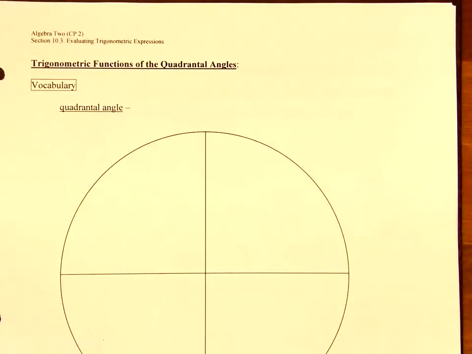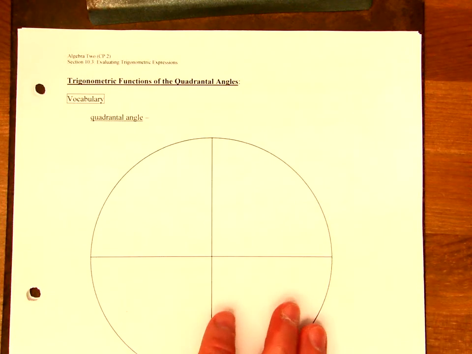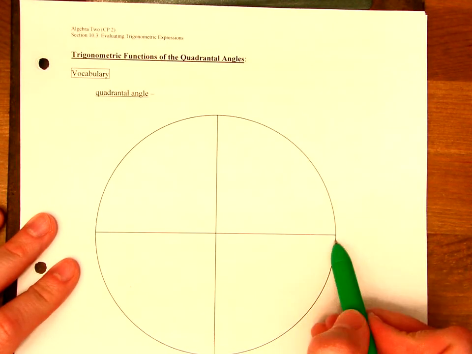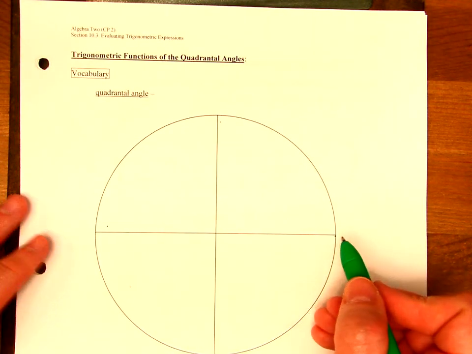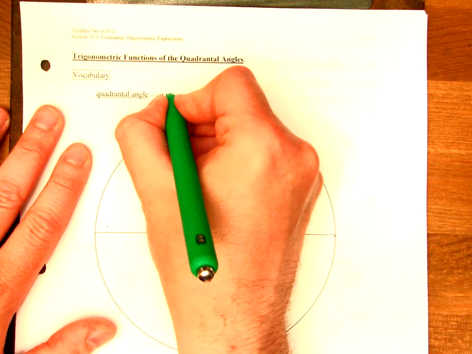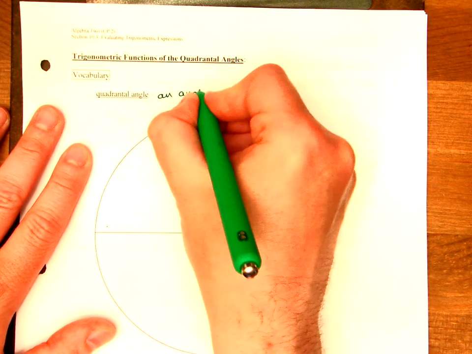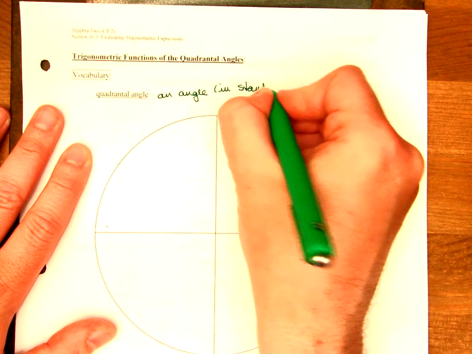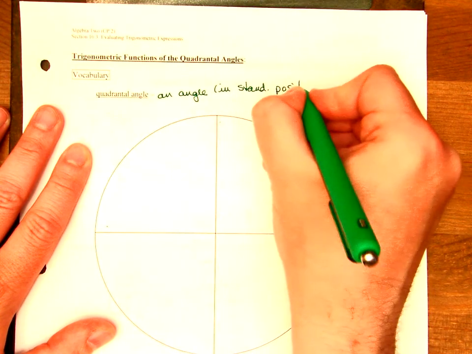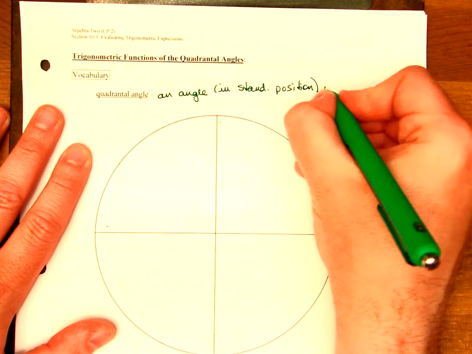Trig functions of what we call quadrantal angles. A quadrantal angle is an angle in standard position whose terminal ray lies on an axis. So an angle like 0 degrees, 90 degrees, 180, 270, 360, something like that.